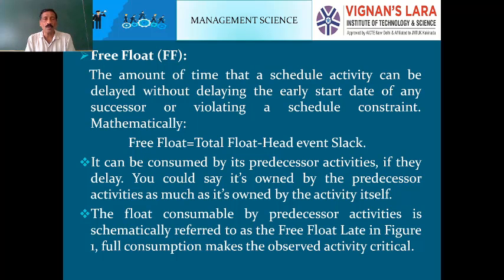That is, the amount of time that a scheduled activity can be delayed without delaying the early start date of any successor or violating a schedule constraint. It means the early start date of the successor activity may not be within time. A gap happens, and the gap is called free float.